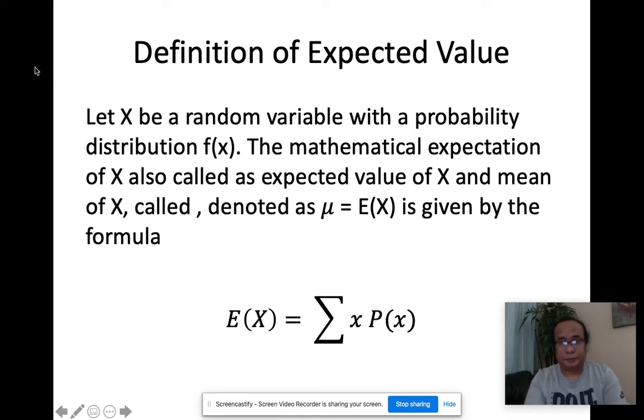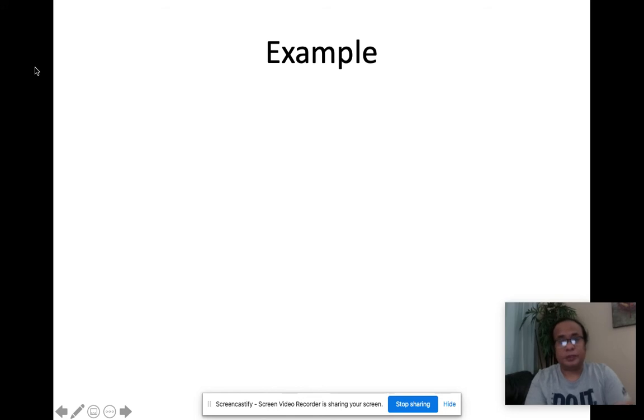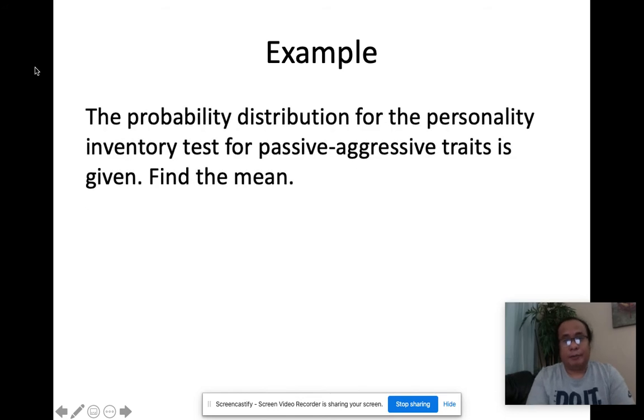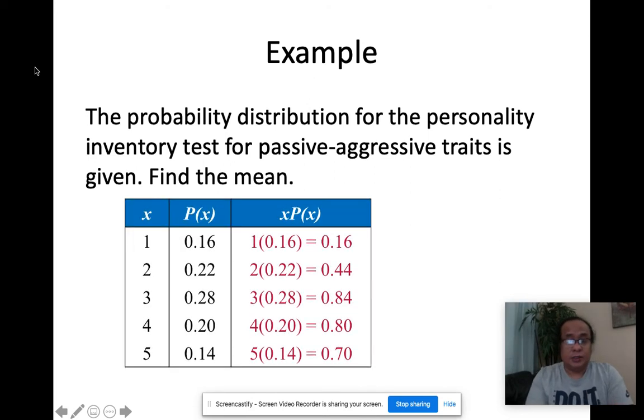Let's have an example. This is the example from the past PowerPoint. The probability distribution for the personality inventory test for the passive aggressive trait is given. Find the mean. Notice these are the probability distributions that we did.